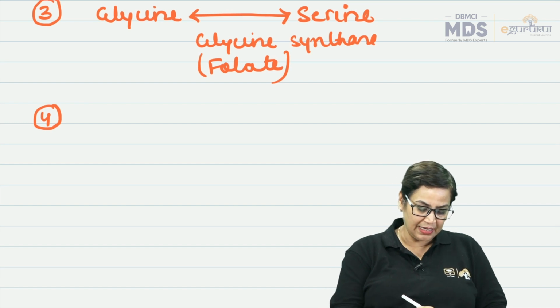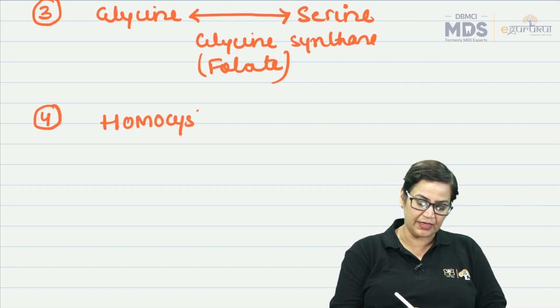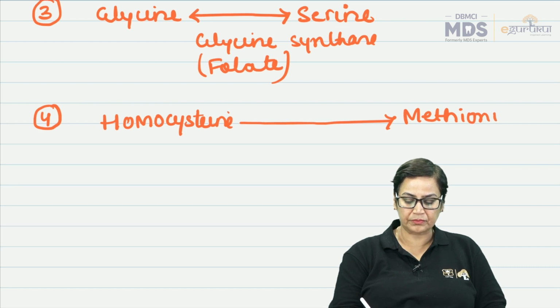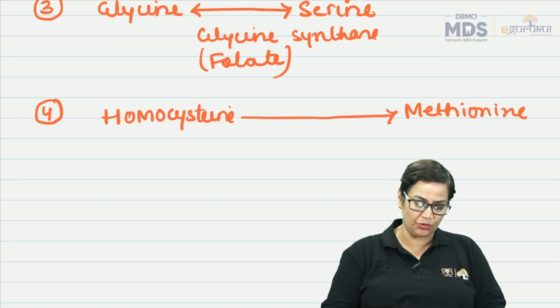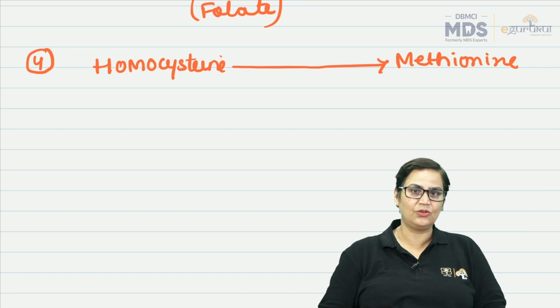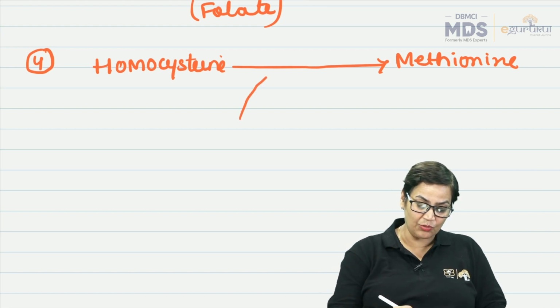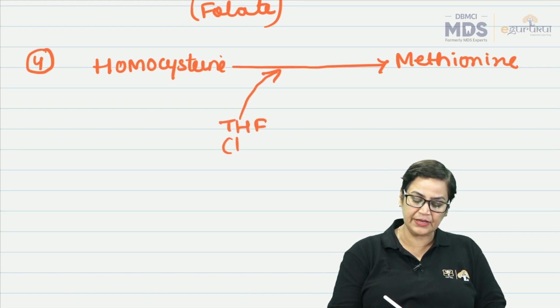So then another is when homocysteine has to be converted, because if we look at the structure of homocysteine, it is without a methyl group. That is, if we add a methyl group, homocysteine will be converted into methionine. So again, what is the donor of the methyl group? The methyl group comes from THF. THF is folate.